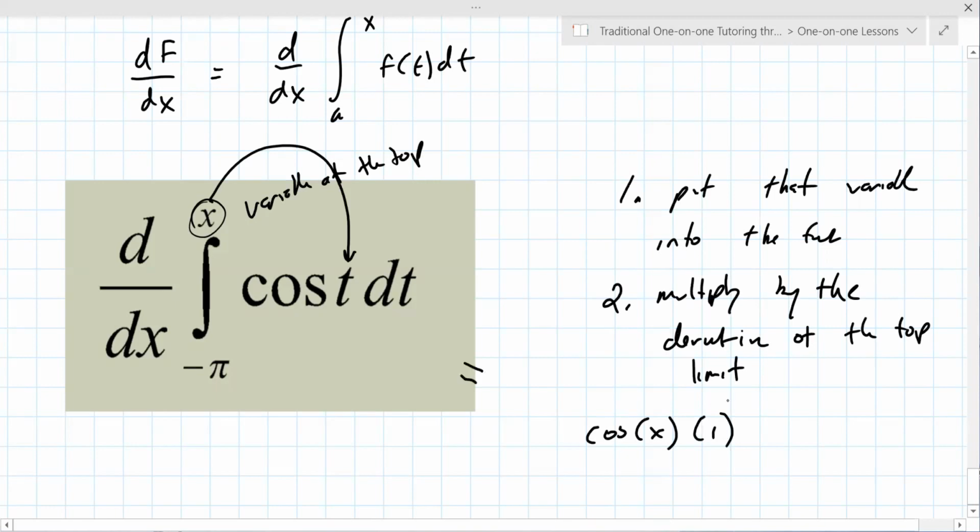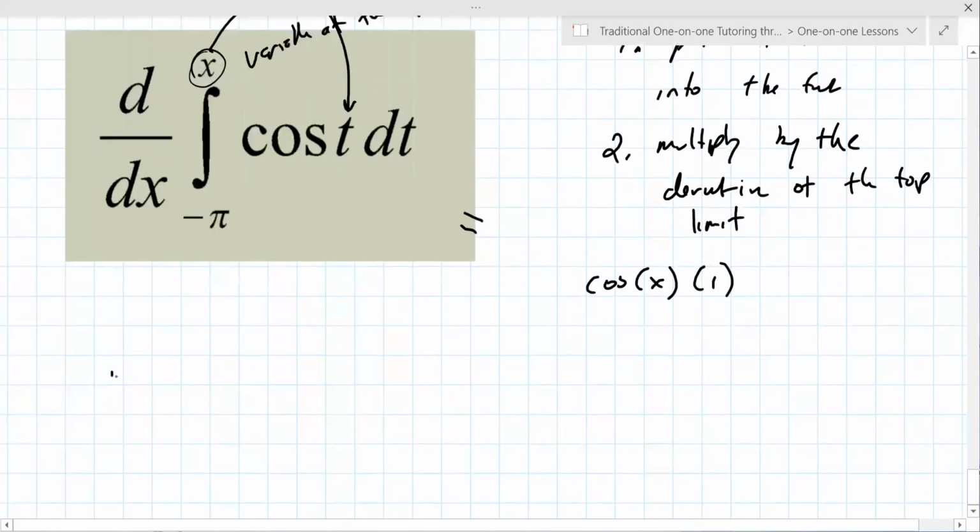Okay, so we're going to make this slightly more difficult, but it's going to be the same set of steps. You take whatever's up here, put it in here, and then multiply by the derivative of this. So let's do one that's like this, but we're going to change it up slightly. This is your next example.